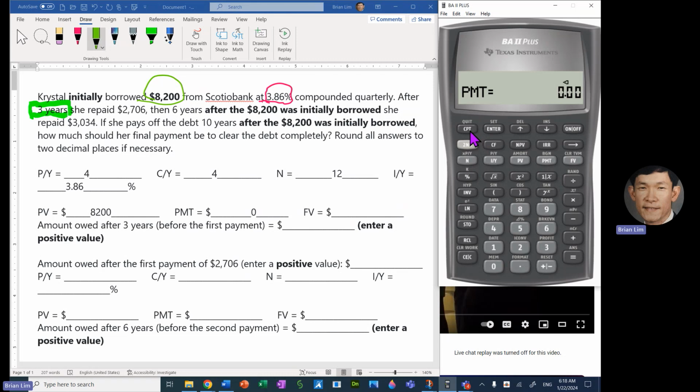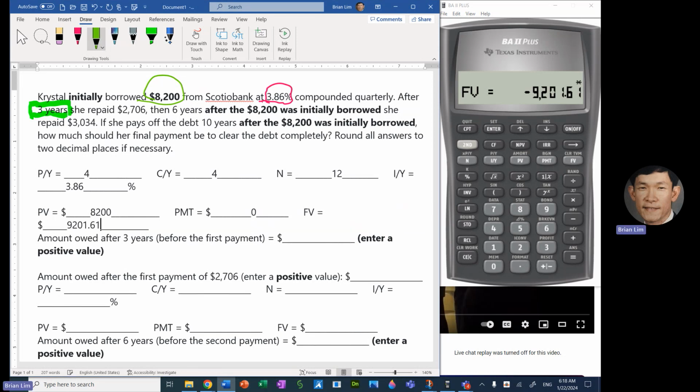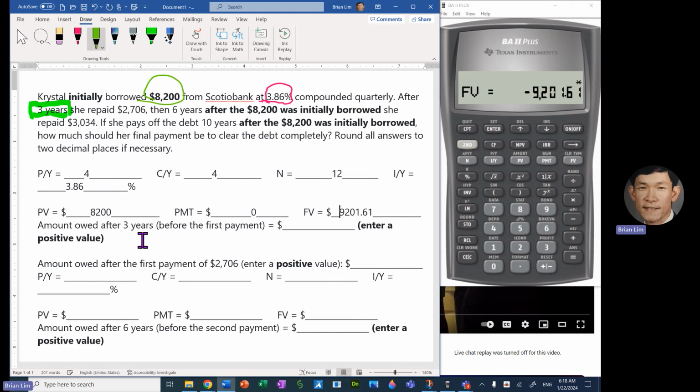Then I have to compute the future value, and that is $9,201.61. So that number goes in here, 9,201.61. Okay, that's the future value.